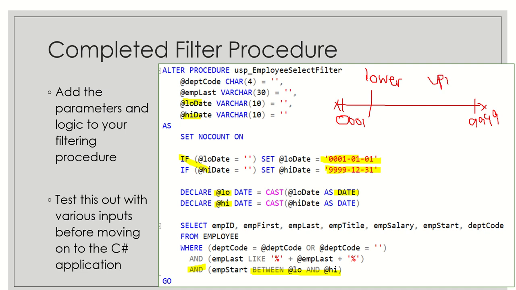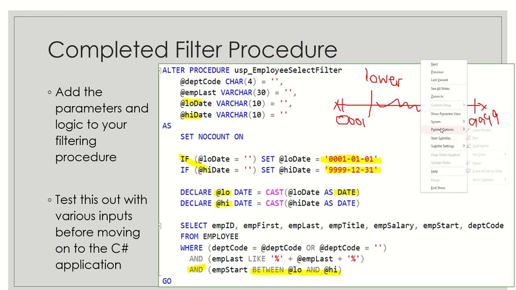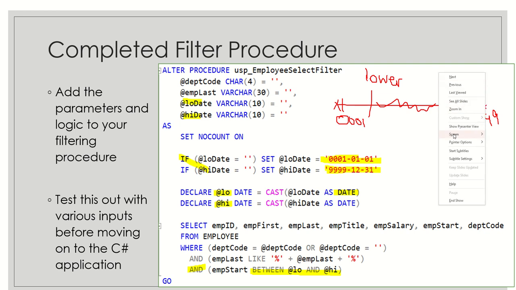And if they enter something for the upper bound, it might be around there, and we're looking for data in between. Now, if they didn't enter an upper bound, then we're going to set the upper bound as high as possible, and we'll be looking for data all the way up to the end. Same goes if they omit the lower bound. So we're just doing a between a low date and a high date. So I'm going to add this part to our procedure as well.